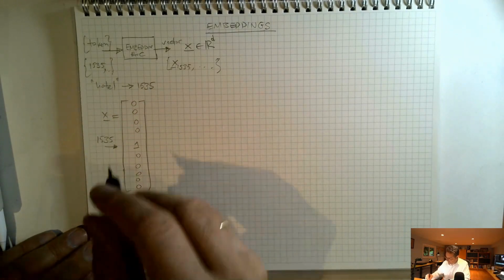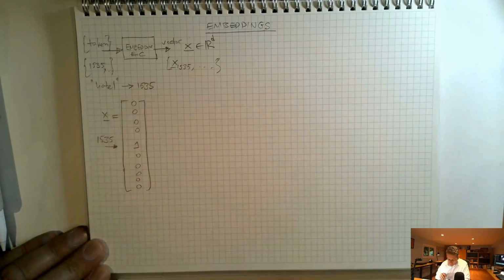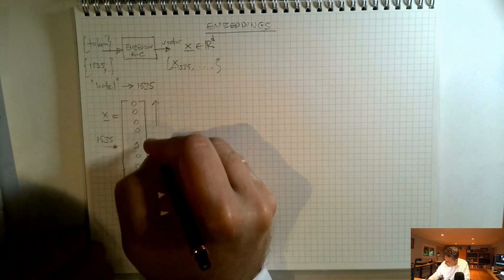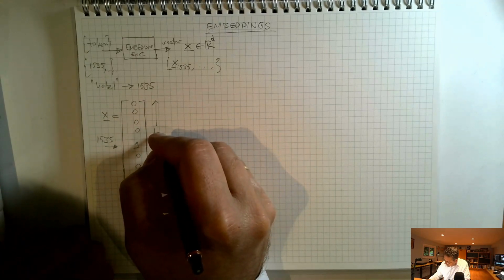So this is d-dimensional, where d is the vocabulary size. In this case, we have the cardinality of our vocabulary.